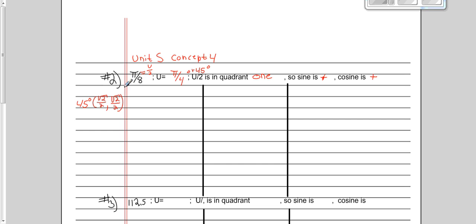So our first one is sine u over 2 is equal to the square root of 1 minus cosine u, all over 2. That's our formula coming from the cover page. From there, we just fill in our values. So we get 1 minus the value of cosine u, which is square root of 2 over 2, all over 2, square rooted, and it is a plus, so I am going to work in my plus sign right here.